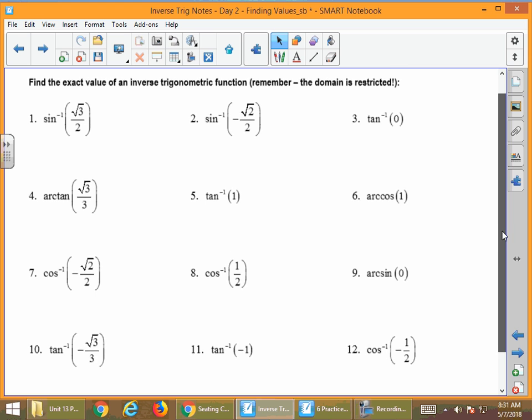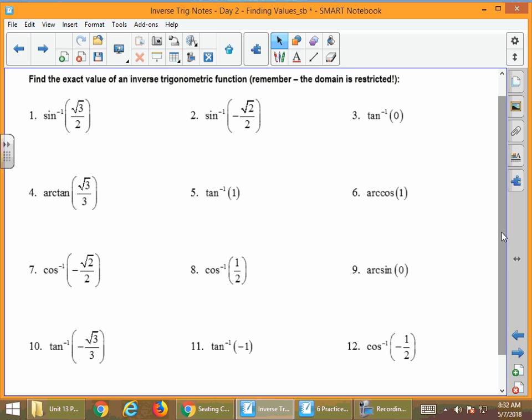So when we look at these problems, what we're asking ourselves is, what angle of sine has a value of radical 3 over 2? You may want to use your hands again to help you with that, but we're going to get pi over 3.